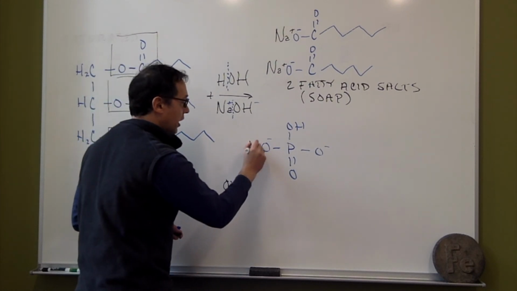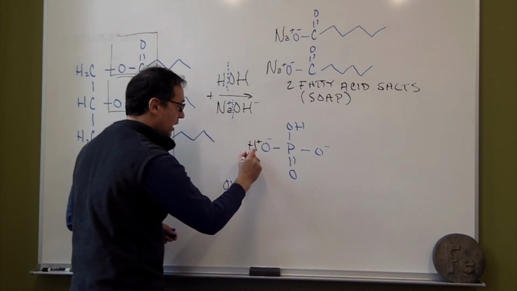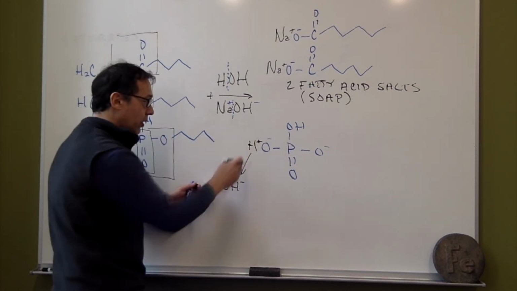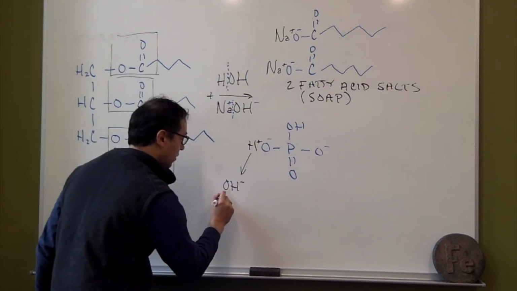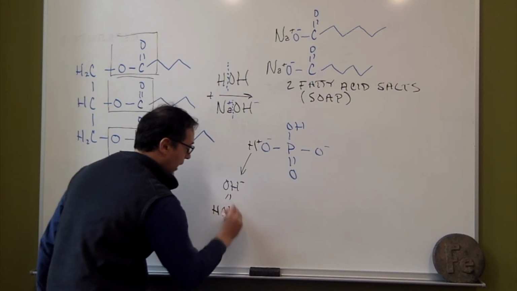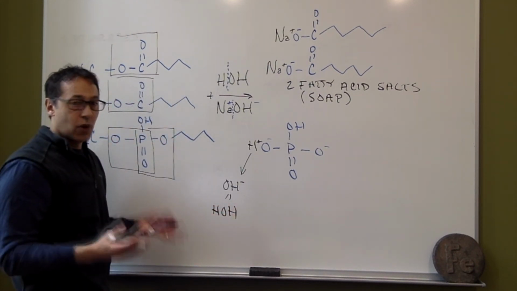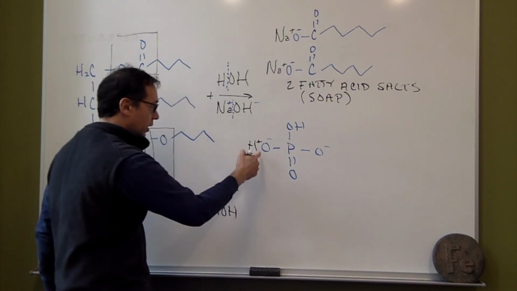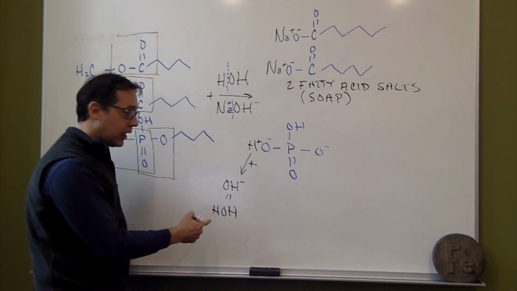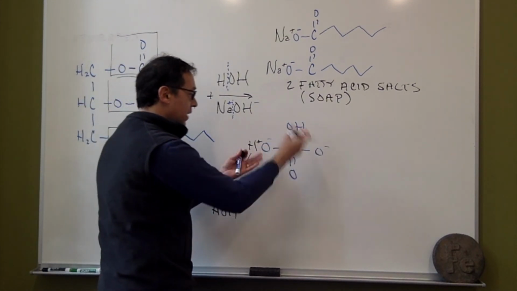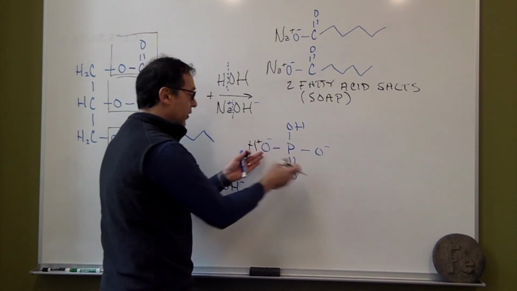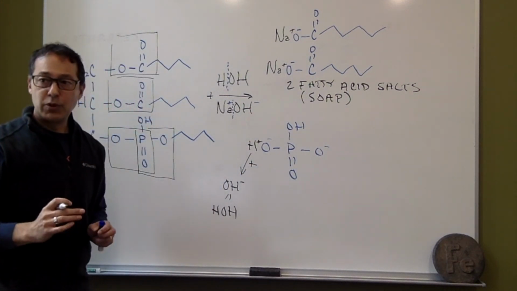So I'm going to put a hydrogen here, and that's going to come down attached to this, and then we end up with HOH, which is, of course, water. So this plus this equals water. And that's why this phosphate group ends up with just the oxygens on either end. Those hydrogens would get removed.